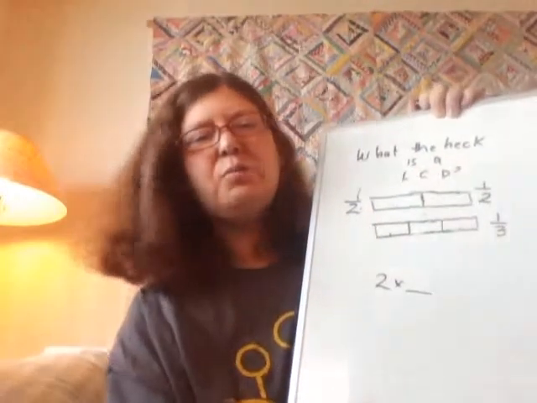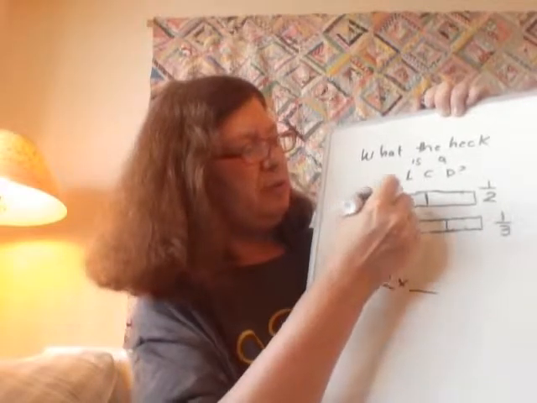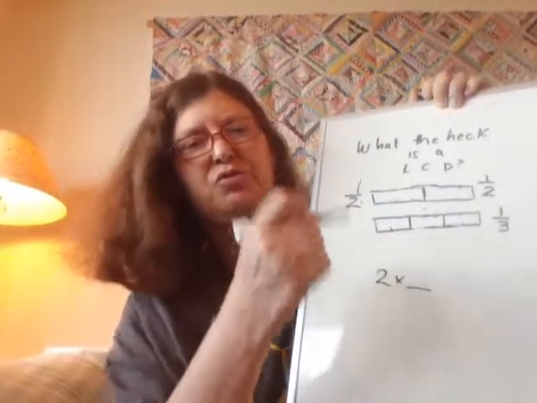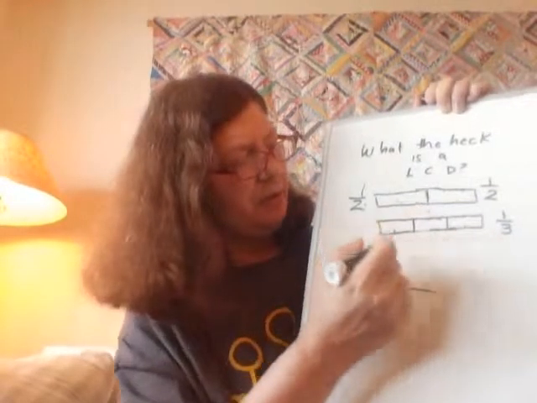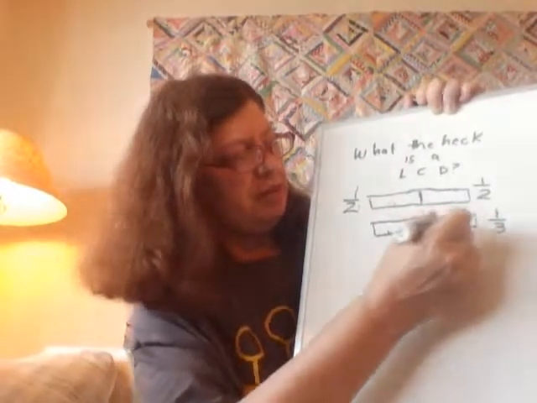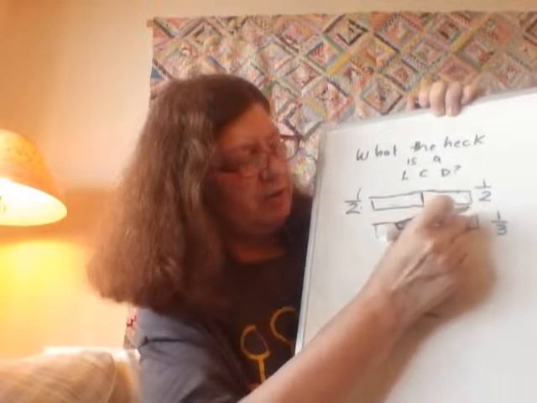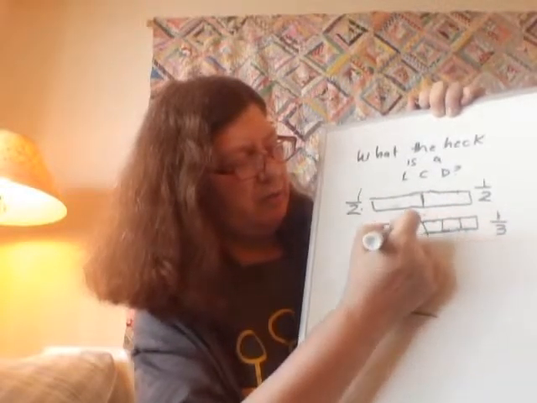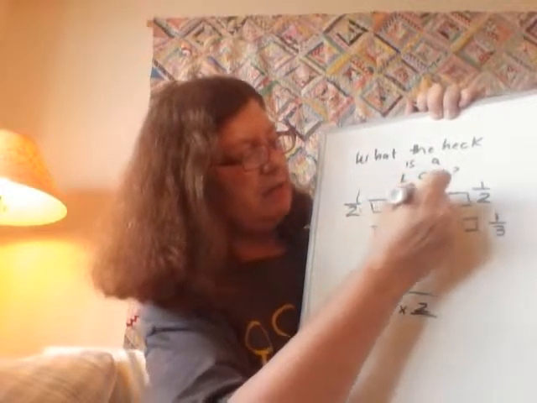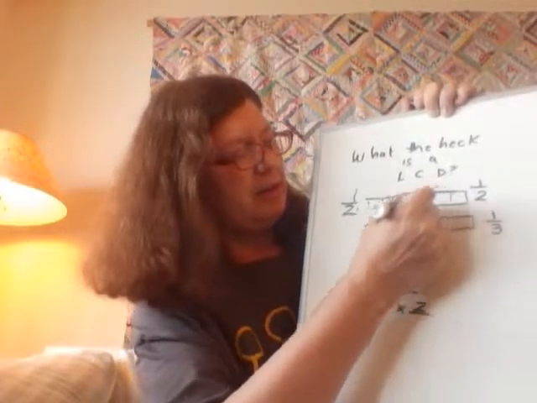And why will it be 2 times something? Because I'm going to make these into a certain number of boxes each, so it's 2 times that number. For the thirds, it'll be 3 times something, right? Remember before, it was 3 times 2, because I made each of these into 2 boxes. 3 times 2 is 6. And then I made the halves into 3. 2 times 3 is 6. And that's how I got to 6, right?